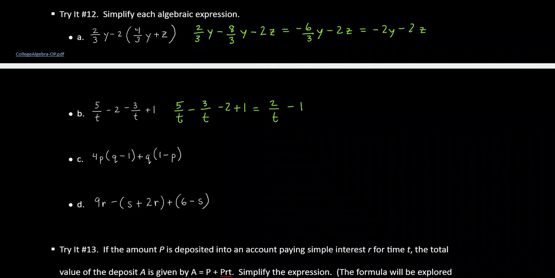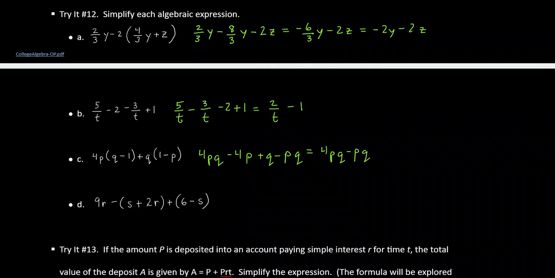Here, once again, in problem C, you can distribute. So 4p times q is 4pq. 4p times -1 is -4p. Use the distributive property in the second part, and you get q minus pq. Then start combining like terms. You have 4pq and minus pq.